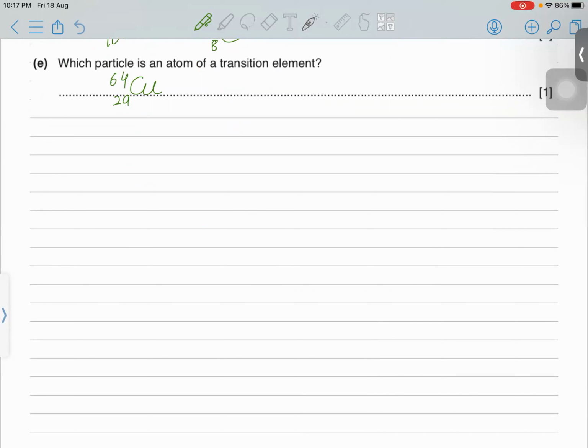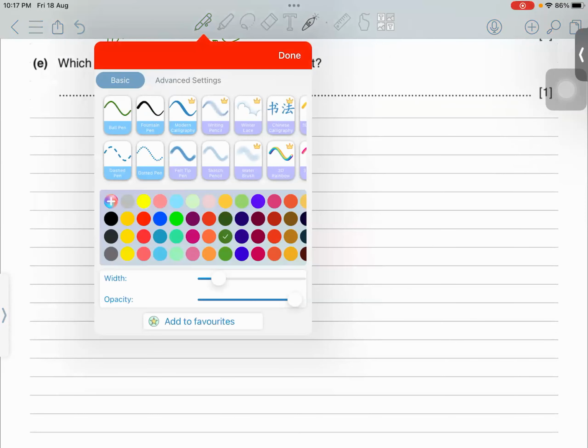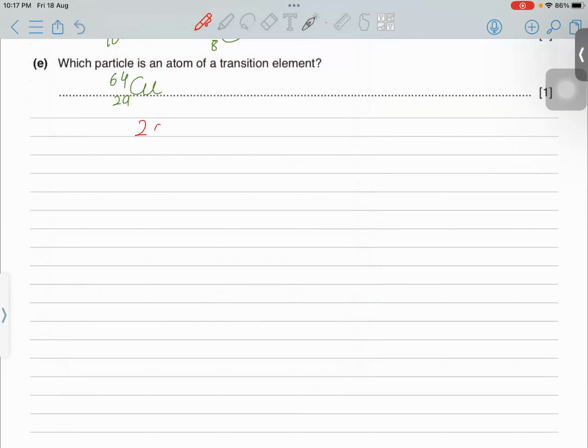May June 2019, paper 2, question number 1.